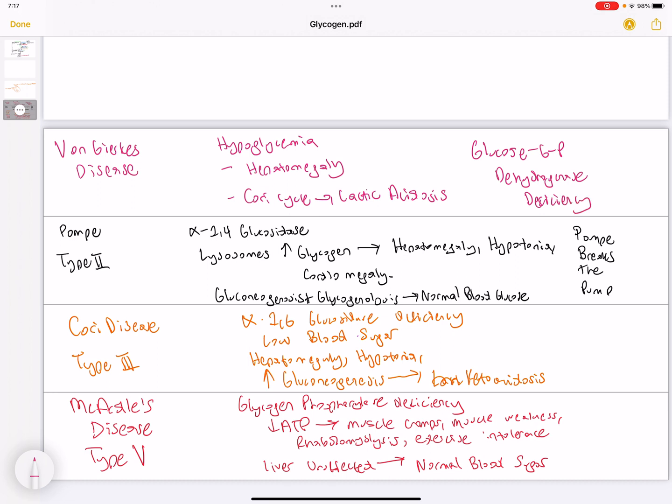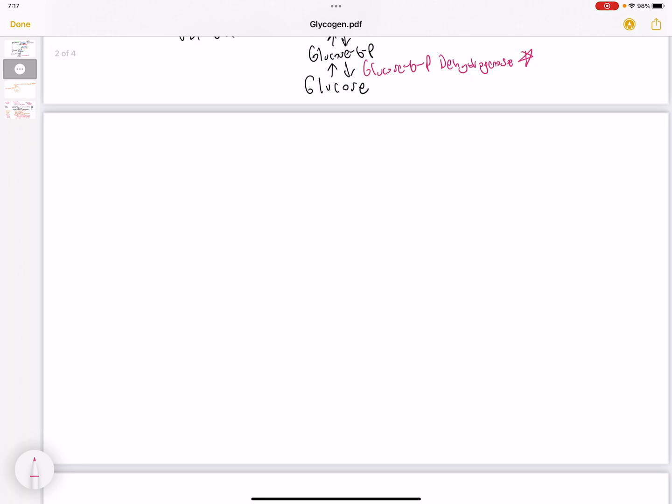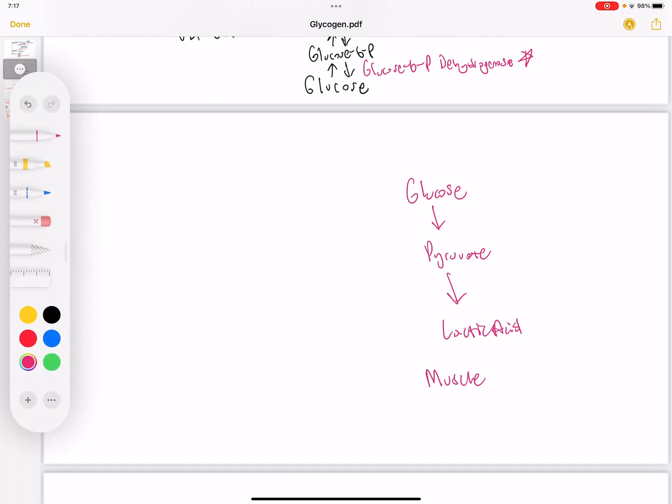Now the reason why there's going to be lactic acidosis is due to muscles producing lactic acid during anaerobic metabolism of glucose. So glucose is going to produce pyruvate, and pyruvate can then become lactic acid through anaerobic metabolism in exercising muscles. And this lactic acid can then go to the liver. So here is the liver.